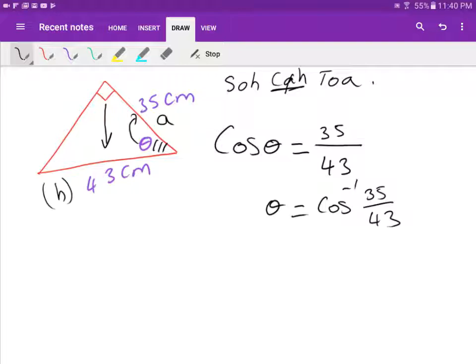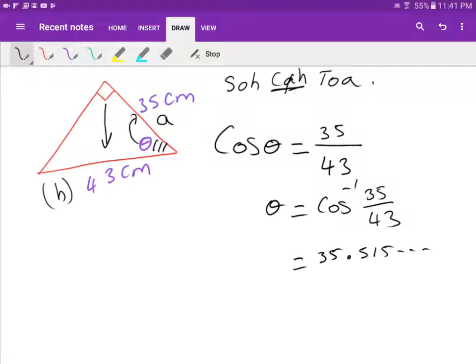You just type it into your calculator: shift cos gives you the inverse function, so inverse cos of 35 over 43. Your answer should display on your calculator as 35.515 and so on. That's your answer.